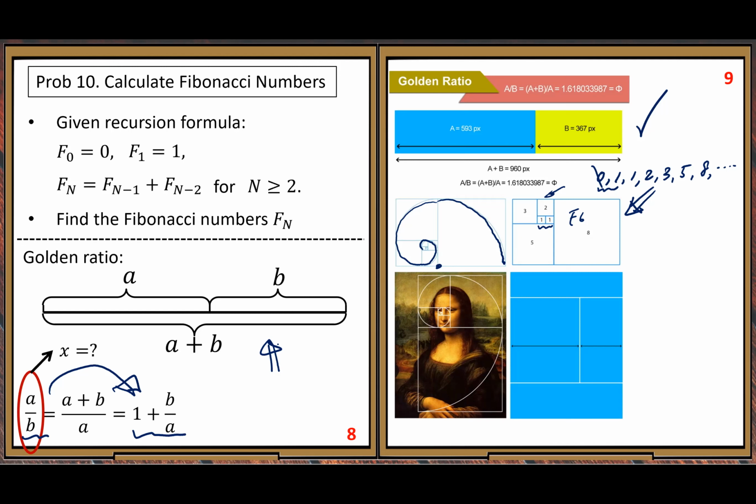With that substitution, B over A is just 1 over X, the reciprocal of X. So in order to represent B over A, we do not need a new variable. We can use the old variable X to represent it.